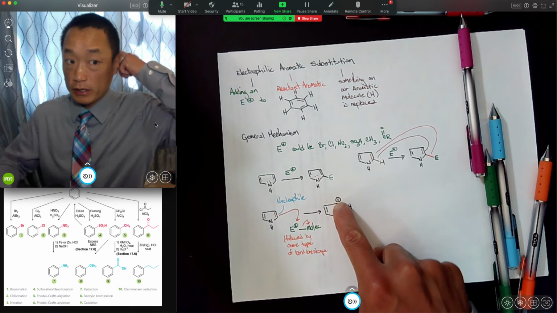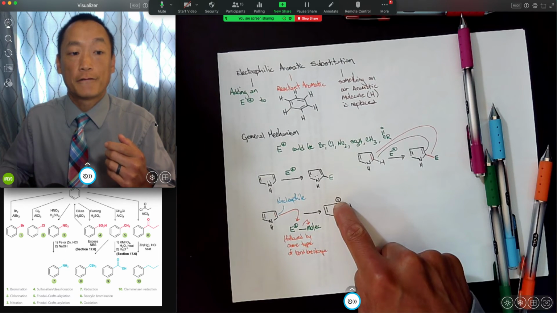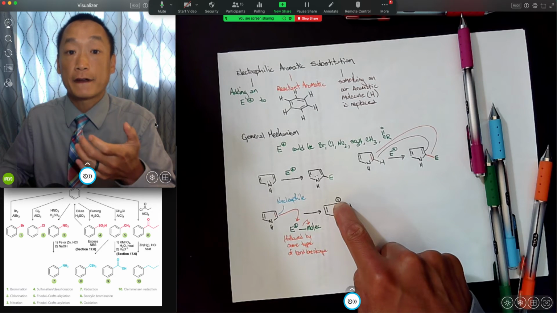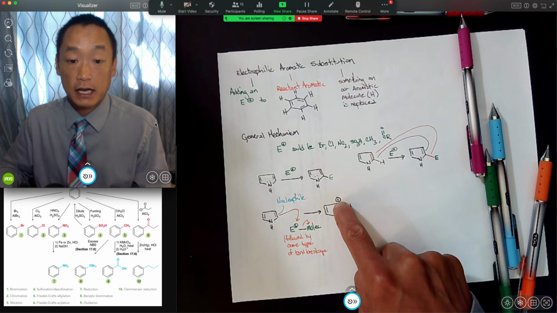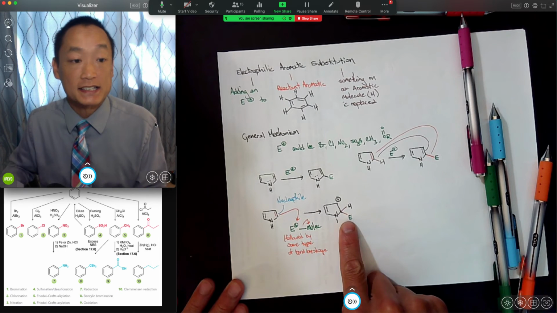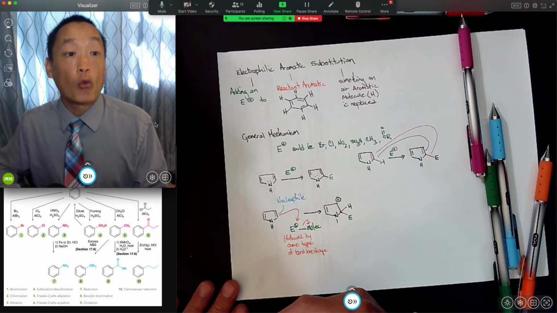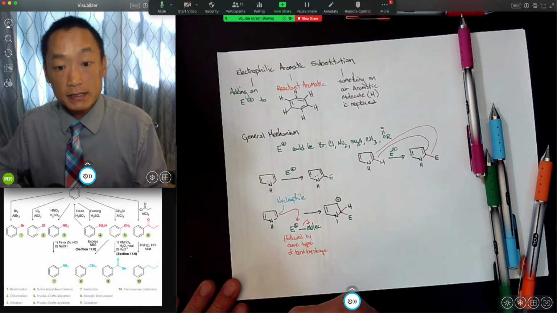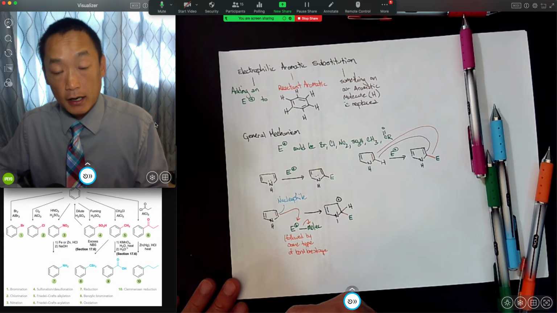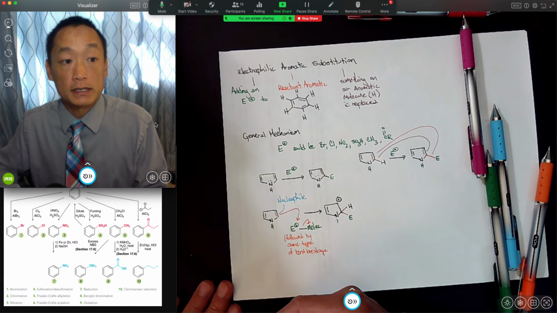And more importantly, we understand aromaticity to be this electronic phenomenon that has a really great stabilizing effect on a molecule. And so we've gone from something that's insanely stable to something that is not stable. Most likely, that molecule will do anything that it possibly can to return to that incredibly stable state.